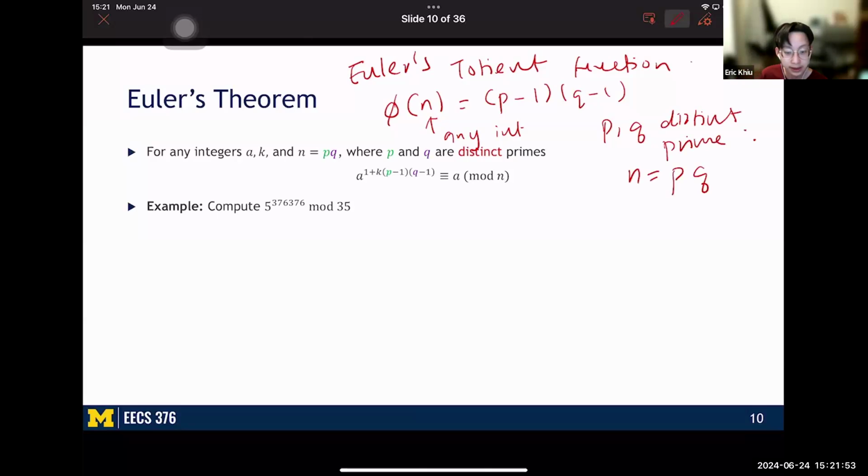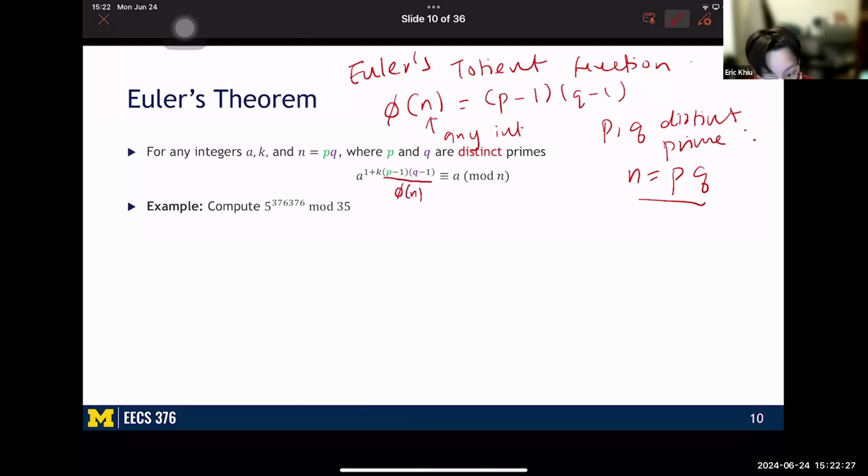So just now we had the constraint that we have to take mod p where p is a prime number, but now we can work in mod n for any n. If we can write n as a product pq where p and q are distinct primes, then we can simplify this modular exponentiation a raised to the 1 plus k times p minus 1 times q minus 1, which is basically Euler's totient for n.